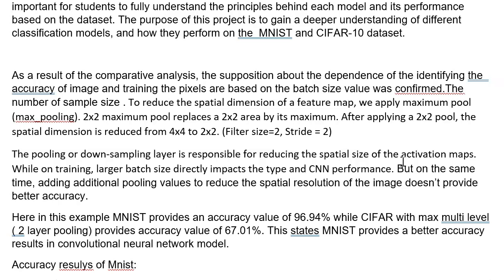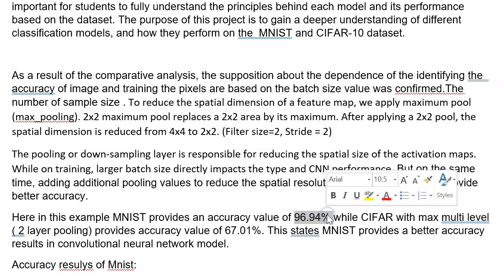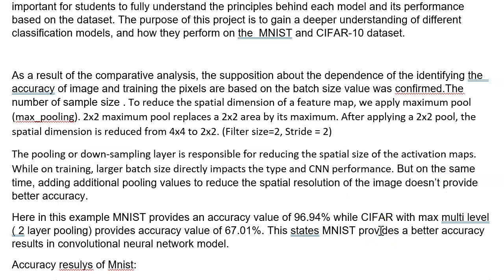The reason being, for example, I can just tell you with the accuracy. MNIST provides an accuracy value of 96.94 percent with a single convolution layer. But the CIFAR data, which has max pooling with two layers, gave us around 67.01. This states that MNIST provides better accuracy than the CIFAR-10 dataset with the convolution model.